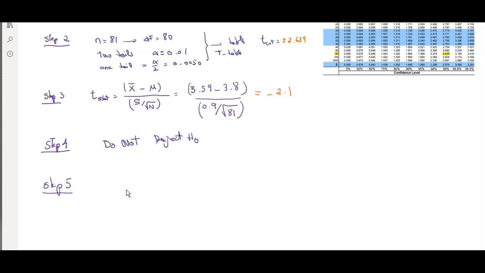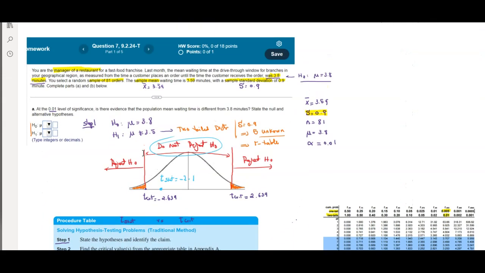Because we did not reject, we do not have enough evidence. So basically we look for the evidence, and the evidence is not strong enough to reject it, right? And for the final decision, you had two choices, either H0 or H1, and we agree with H0, right?